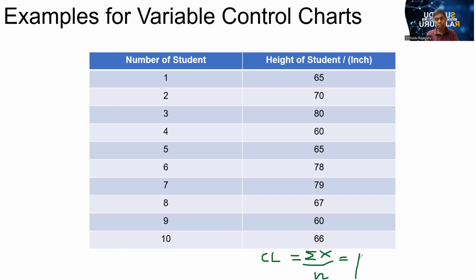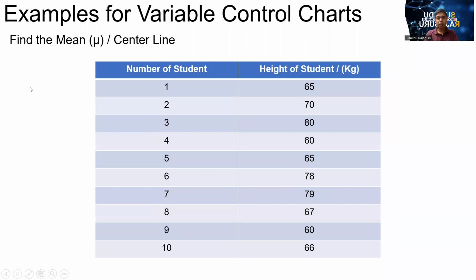We can use the Greek letter mu to denote the mean. Summation of x means these are the x terms; we add each one and take the total amount. Then we divide by n, the number of x values. So we can calculate mu, or the center line, using this simple equation. Okay, center line.